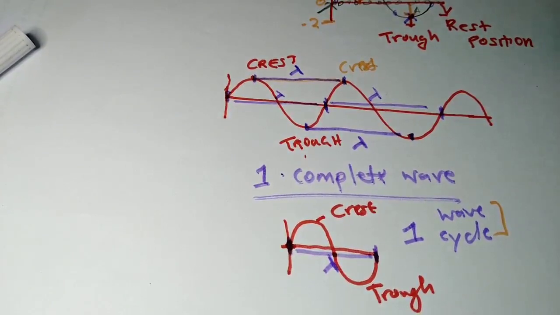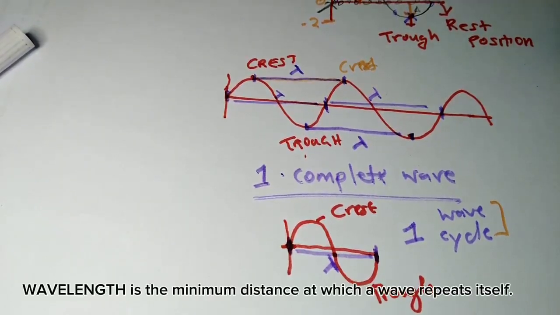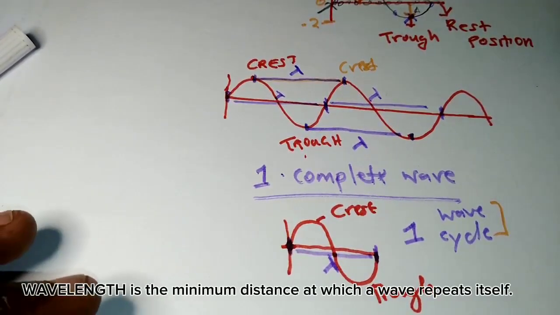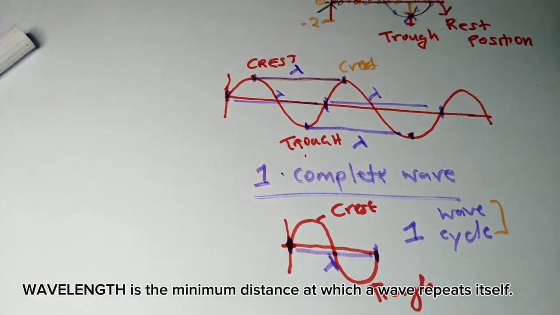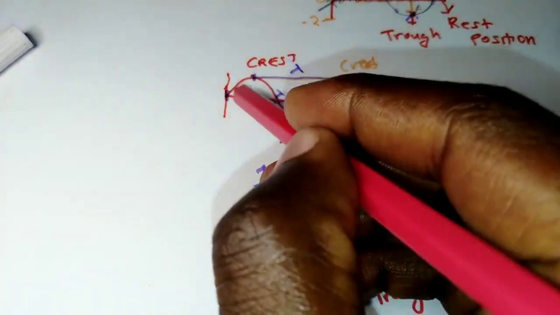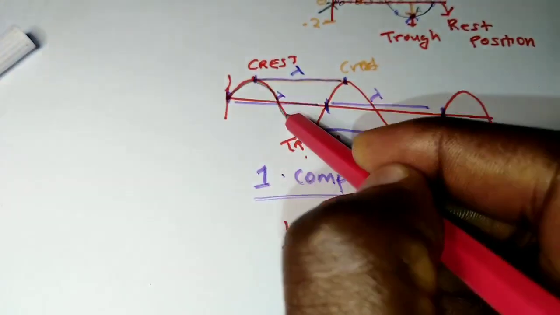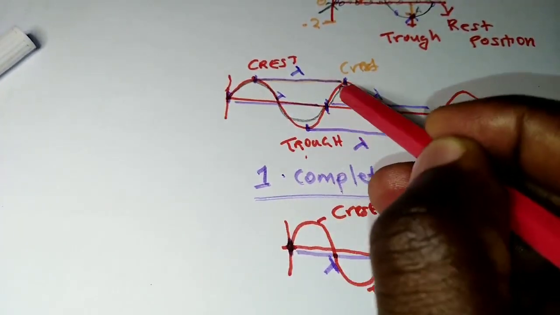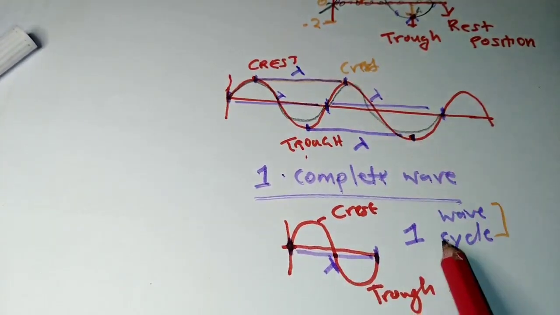Then the wavelength can also be defined as the minimum distance at which a wave repeats itself. As you can see, these are oscillations, simply repetitive patterns. When you have one crest and one trough, and also here one crest and one trough, these are just repetitions.